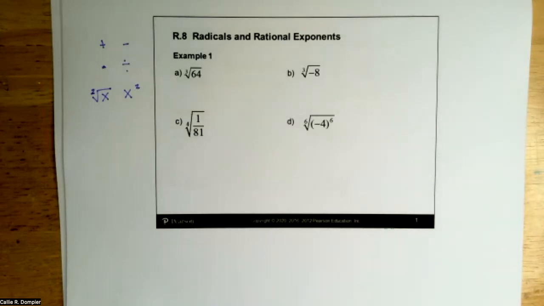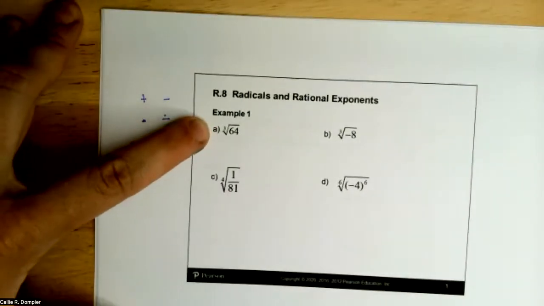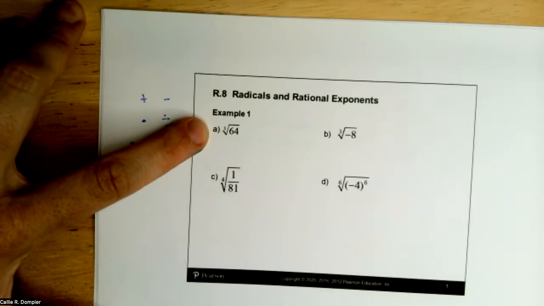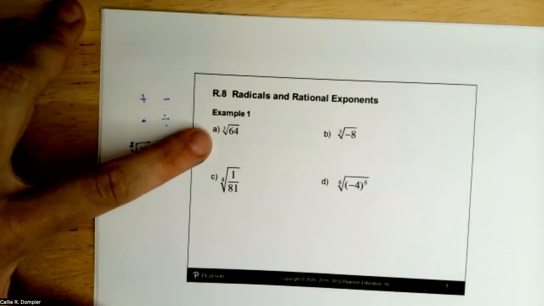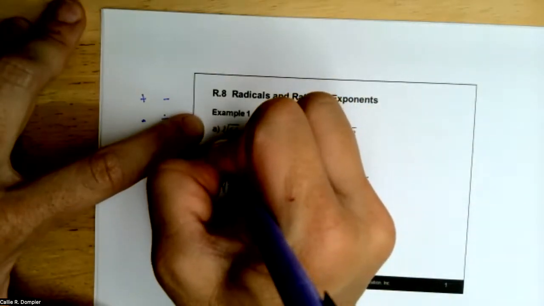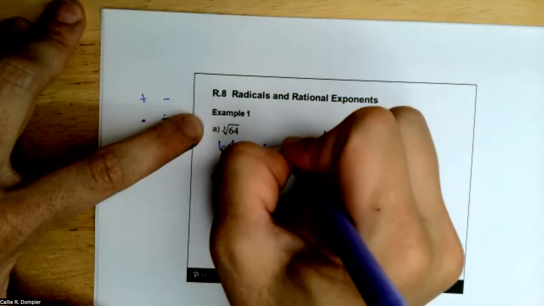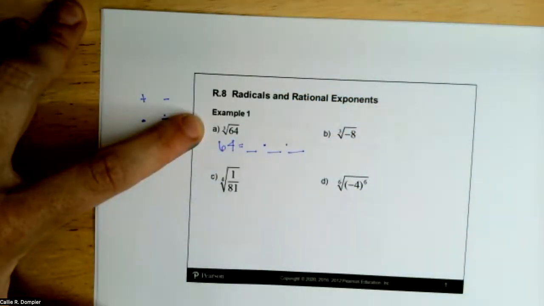So here, when we say the third root of 64, what they're asking is, what number raised to the third power gives me 64? So 64 is a number times itself 3 times.